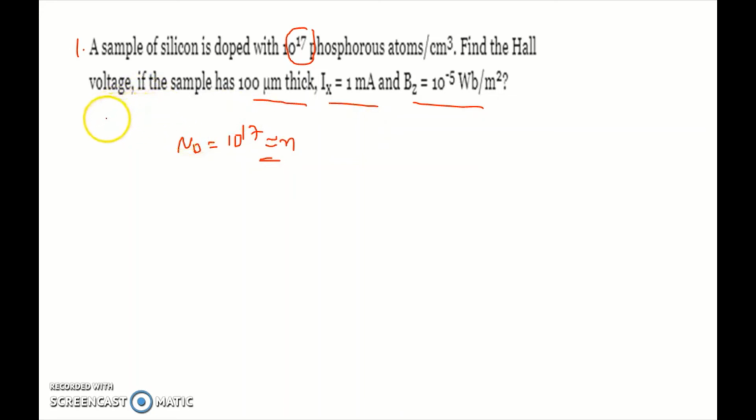Before going to the Hall voltage, first we will write down the given data. The first is Nd, that means the donor impurities, or the concentration of charge carriers, is 10 power 17 per centimeter cube.